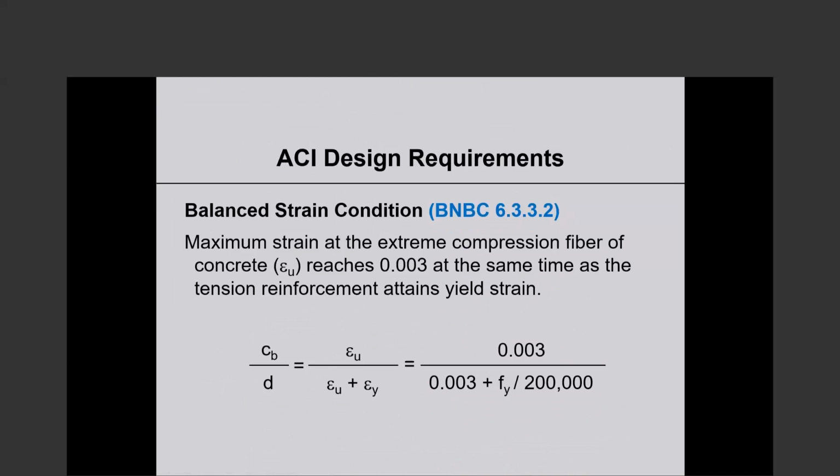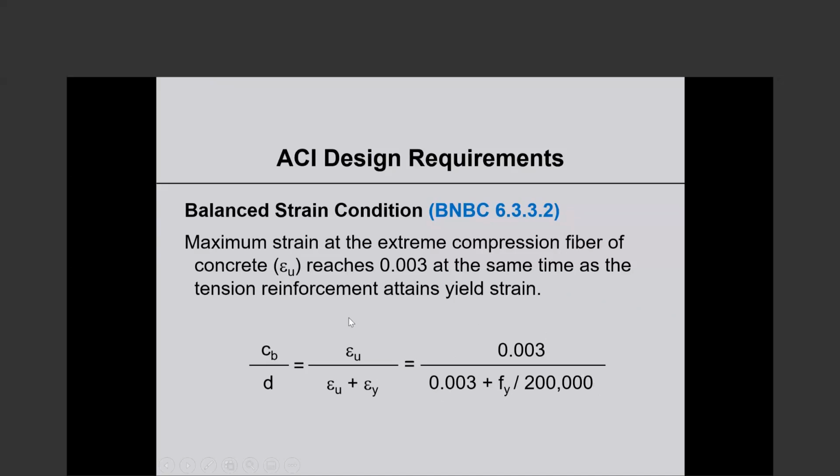Balanced strain condition: maximum strain at the extreme compression fiber of concrete reaches 0.003 at the same time as the tension reinforcement reaches yield strain, as I told you 10 times at least. So under that condition, if it is a balanced section, C sub B over D, the balanced neutral axis depth divided by the total depth, is 0.003 divided by 0.003 plus F sub y divided by 200,000.